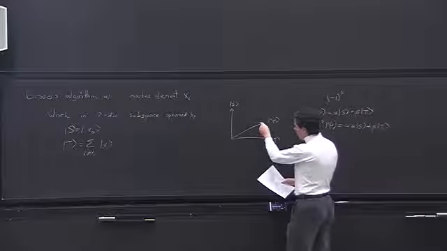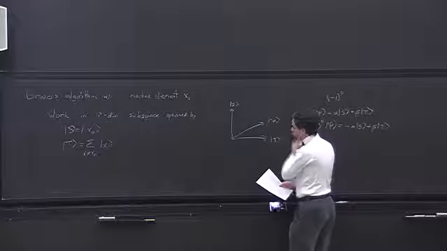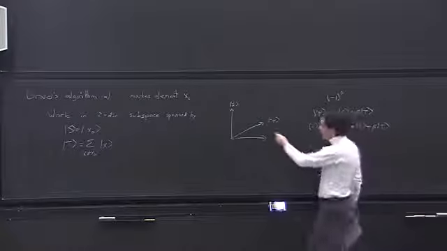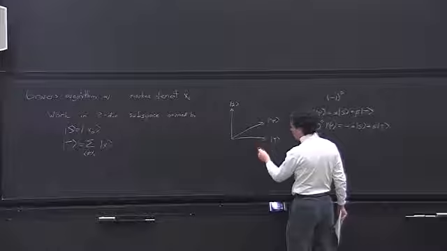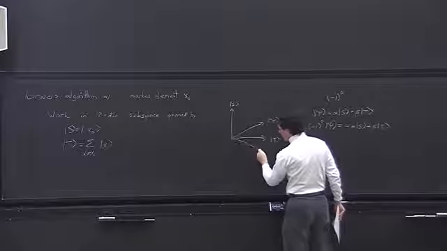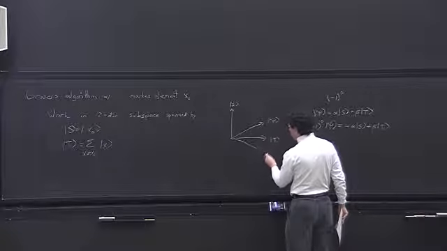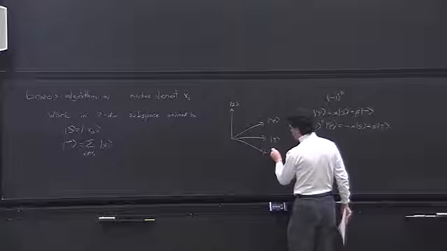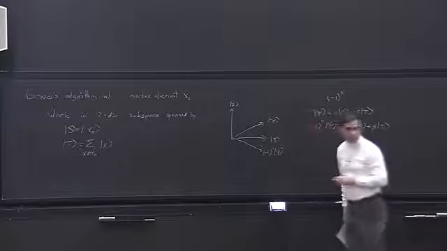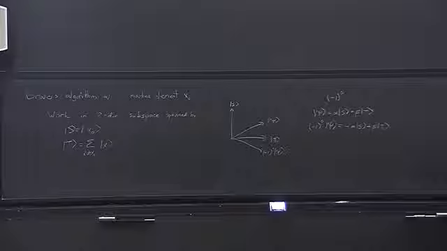Well, the T component of psi remains the same, and the S component gets reflected over the T axis. So this is going to be down here, (-1)^O psi. Okay? Make sense so far?